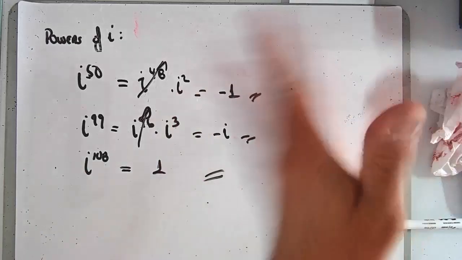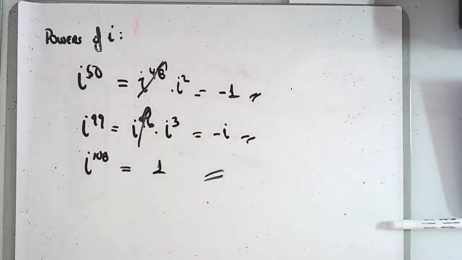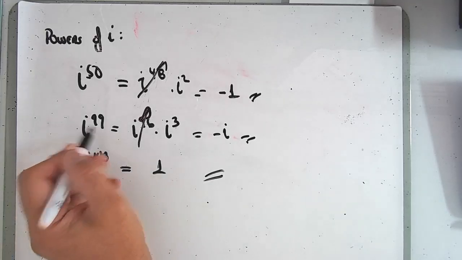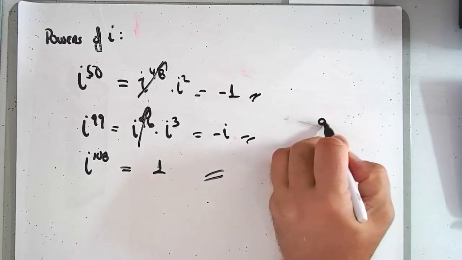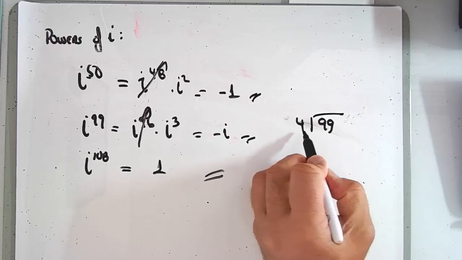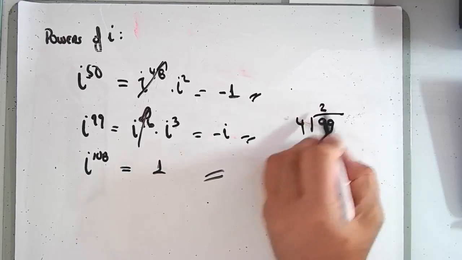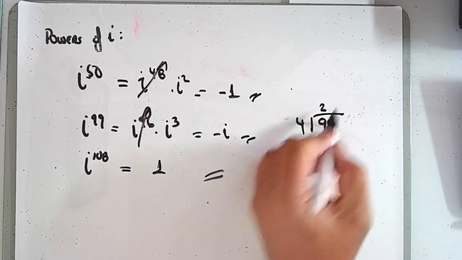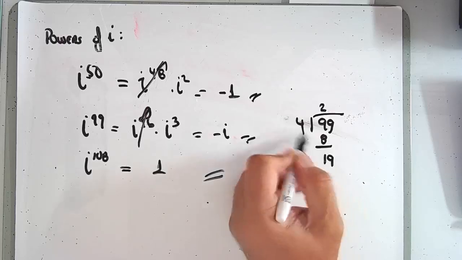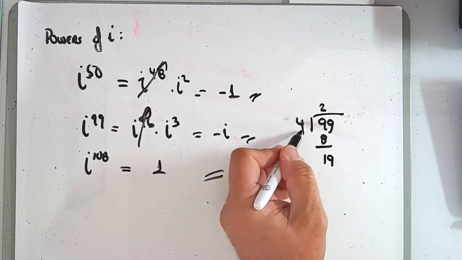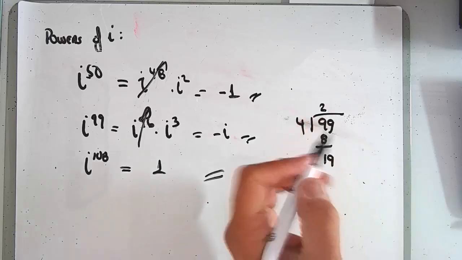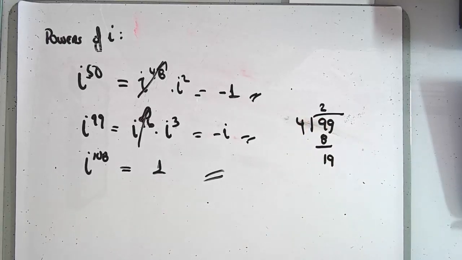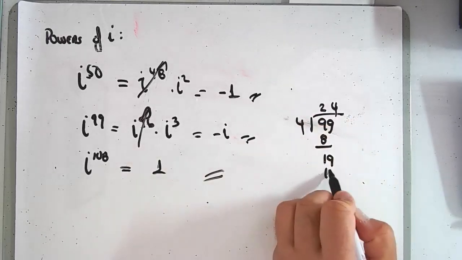How do I know the multiple? How do I find the multiples? You can always use long division. Let's say I'm going to do 99 divided by 4. 4 fits into 9 2 times. 2 times 4 is 8, subtract to get 1. Drop the 9. How many times does 4 fit into 19? That would be 3 times. 4 times 5 is 20, 4 times 4 is 16.